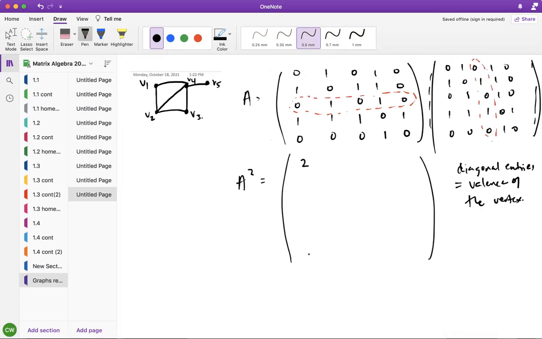And why does that make sense kind of intuitively? What are the length 2 paths from a vertex back to itself? Well, you can go along an adjacent edge, and then you can just come right back.